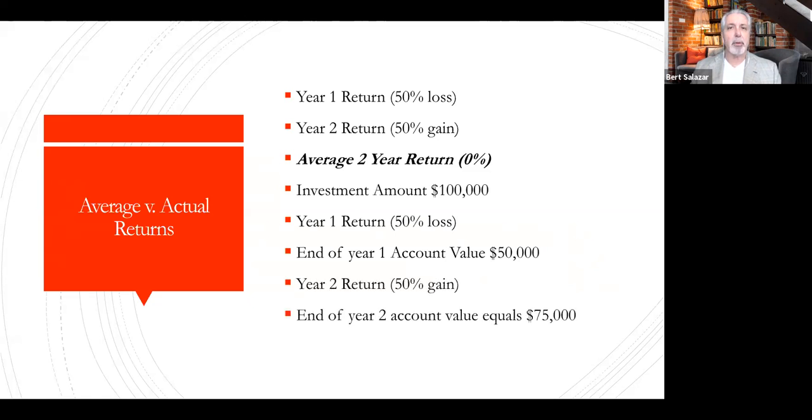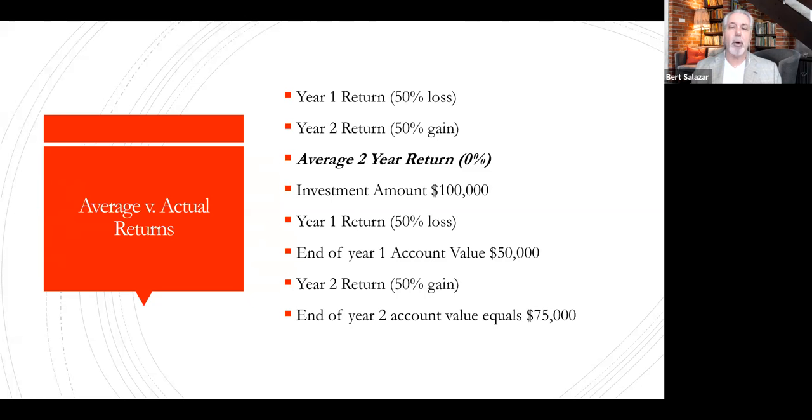You will be surprised how many people would say to me, well, Bert, if I had a 50% loss in the first year and then I get a 50% gain, my account value would be back up to 100,000, and that's not the answer. When you had 100,000 and you lost 50%, your portfolio went down to 50,000. And then when you got a 50% gain, that 50% gain is on the 50,000 that remained.